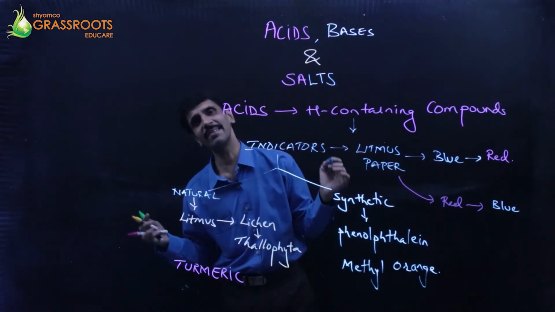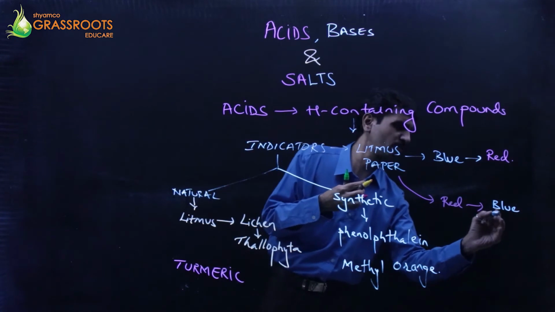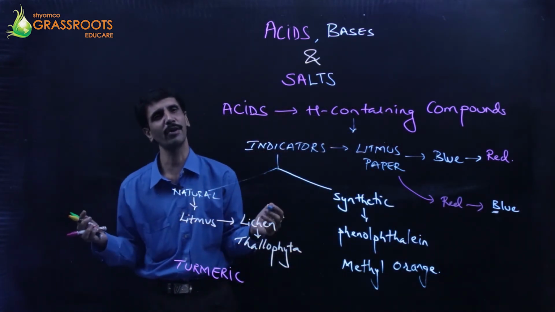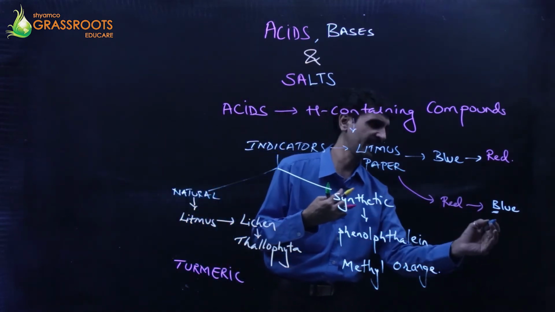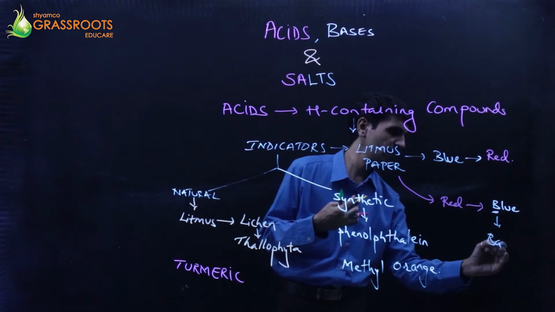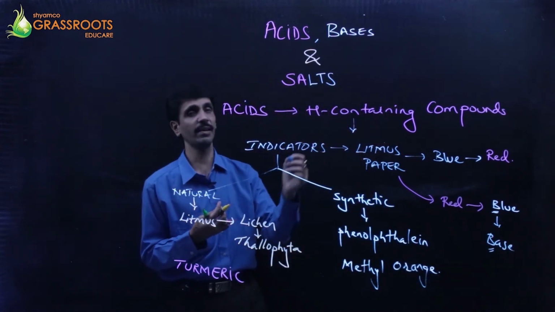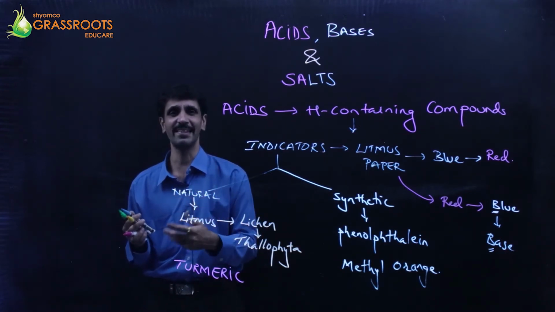Alright, so I give you a very simple logic here, my dear friends. Try to understand this first letter, that is B, and connect it, so it becomes very easy to remember. Blue has B, and that goes with base, which also has the first letter B. Similarly, red is a signal of danger.